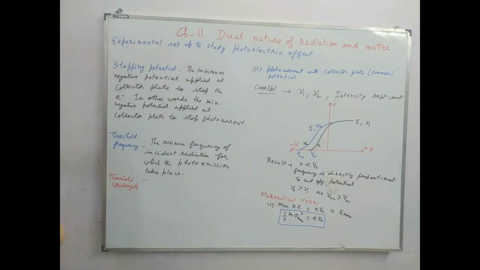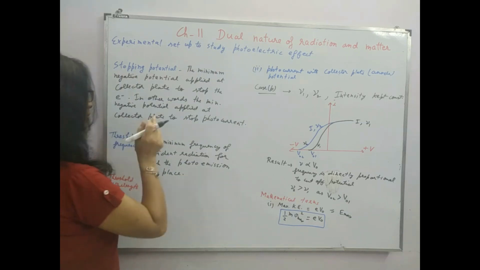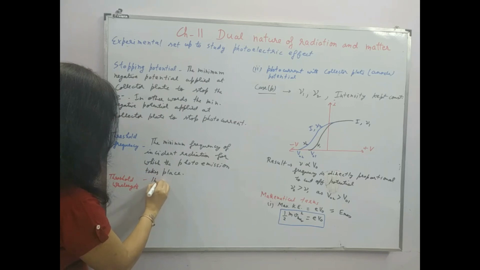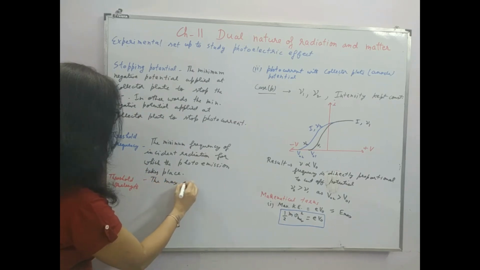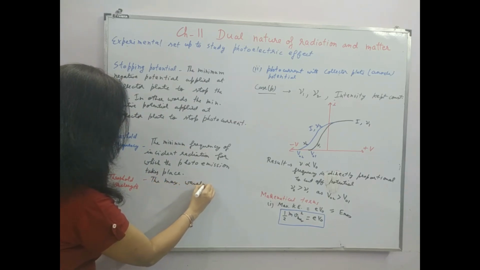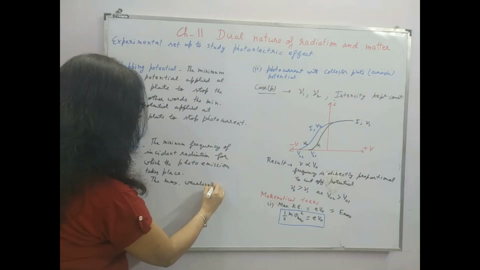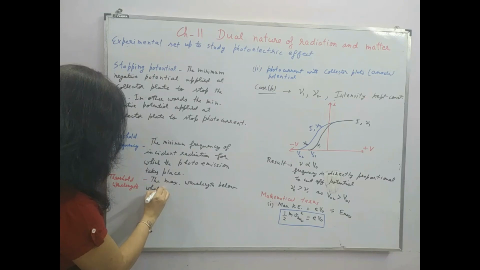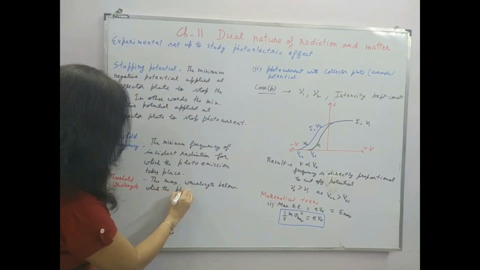So this is the maximum wavelength below which the photoelectric emission takes place. The maximum wavelength below which the photo emission takes place.